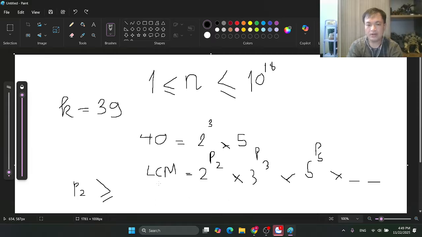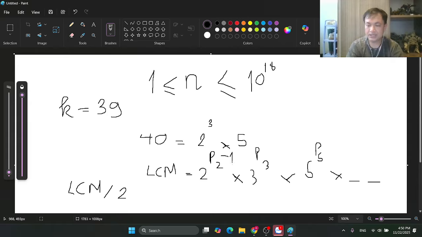So when you have the LCM, you have to choose again to find the real P2, which is equal to 3. By that you have to add to the LCM divided by 2. That means you have to ask again about 2 to the power of P2 minus 1.